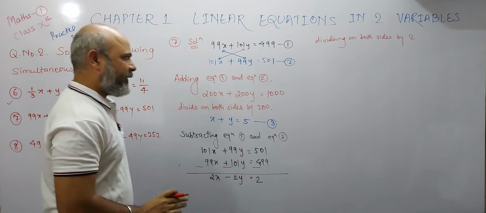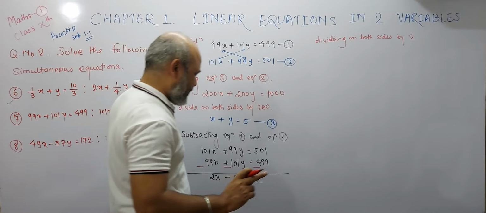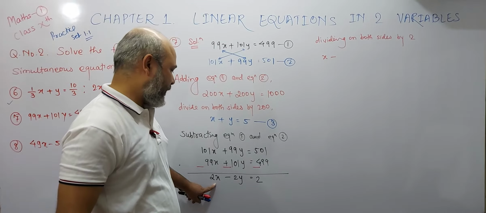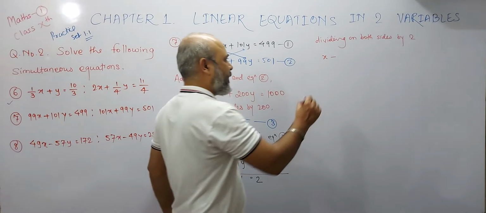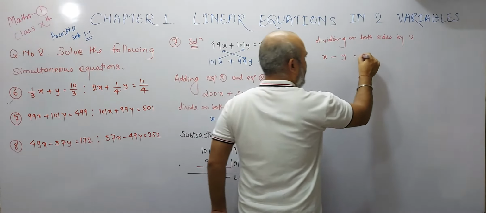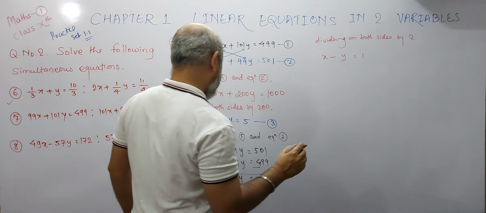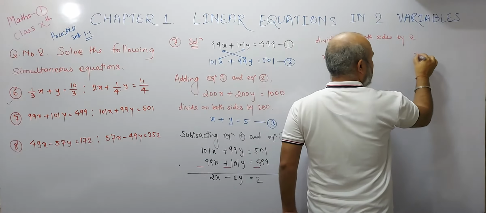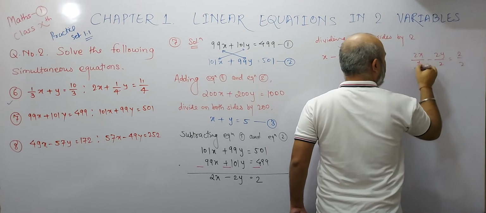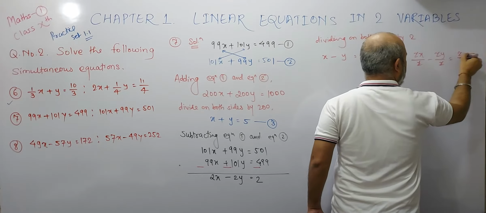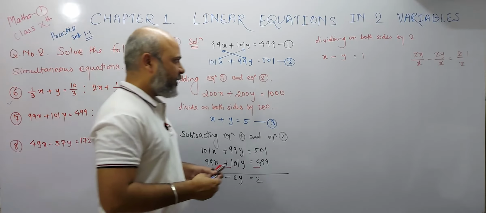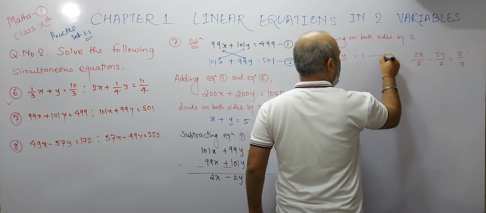When you divide on both sides by 2, you will get x minus y, and this is equal to 1. You will write like this: 2x upon 2 minus 2y upon 2 is equal to 2 upon 2. So simply this will cancel out, this will cancel out, and you will get 1. This is what you will get, x minus y is equal to 1. This will be equation number 4.